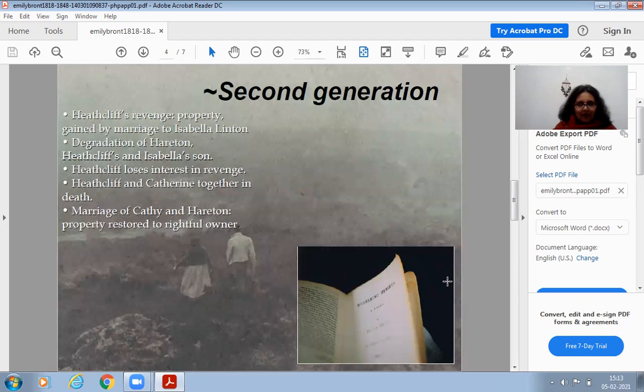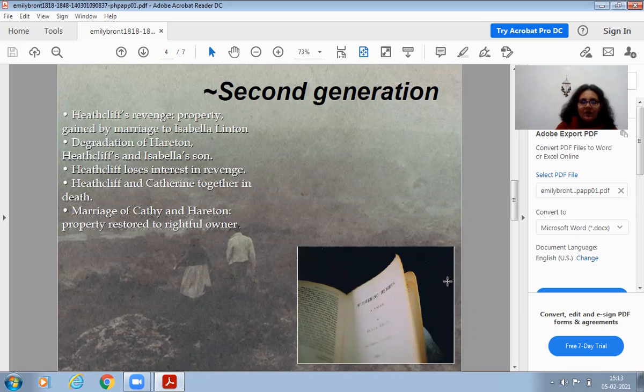The characters are Heathcliff. After Heathcliff, we have Catherine. They are the main characters, main protagonists of the novel. And in fact, you should draw a diagram of these characters.